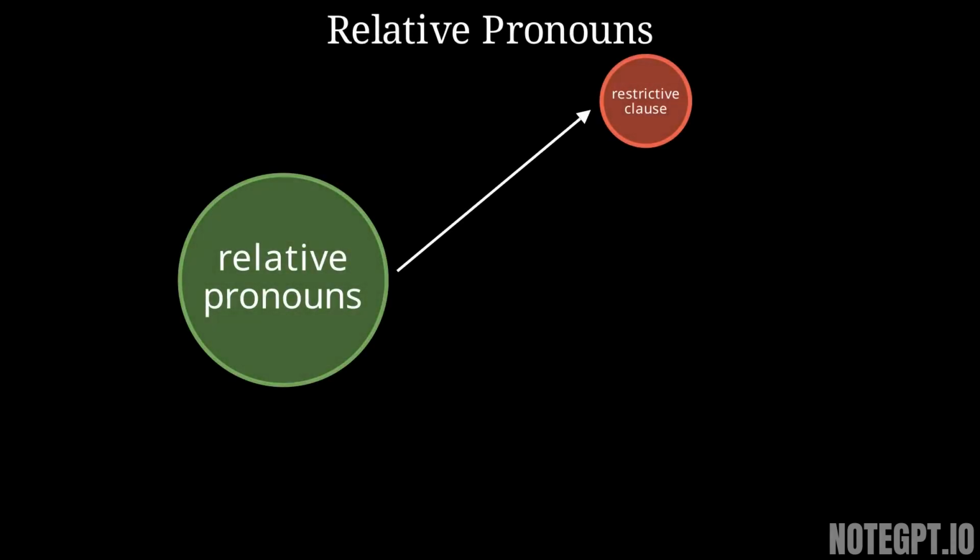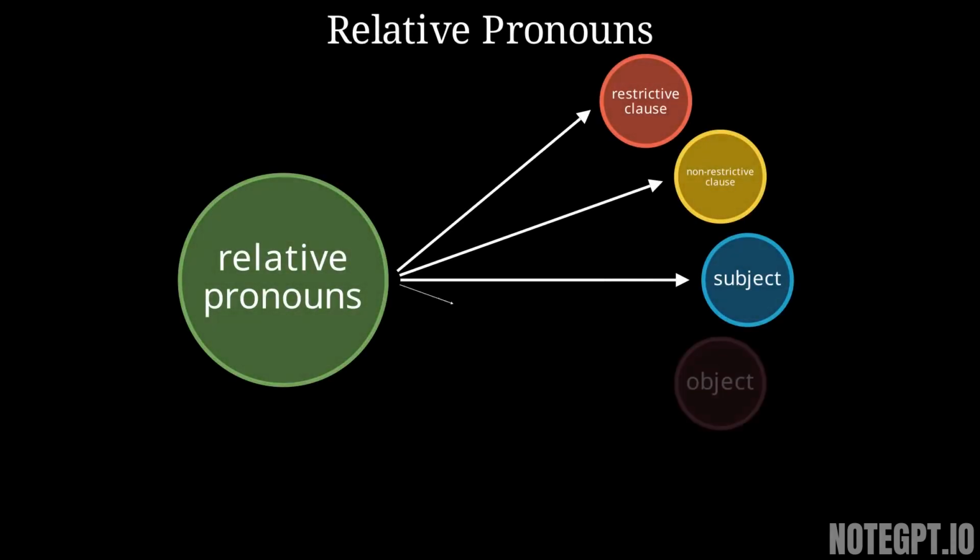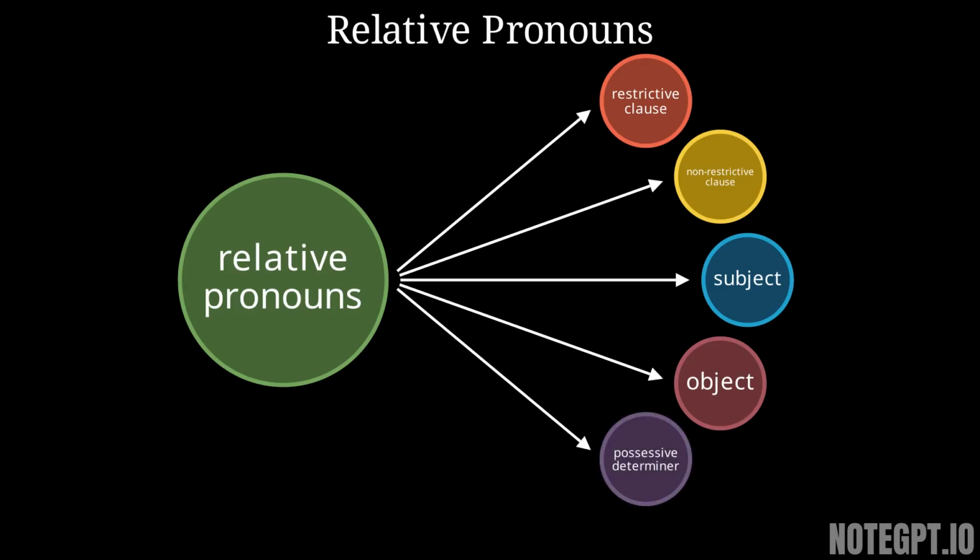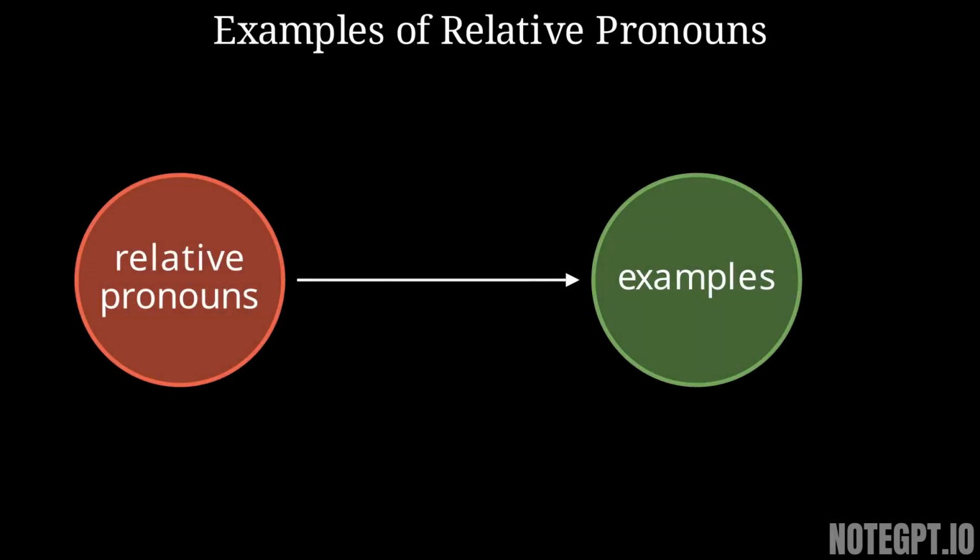Relative pronouns are used to connect relative clauses to the main clause in a sentence. Relative clauses can be restrictive, essential information, or non-restrictive, extra, non-essential information. Relative pronouns can act as the subject, object, or possessive determiner in a clause. Examples: There's the woman who always sits next to me on the bus.